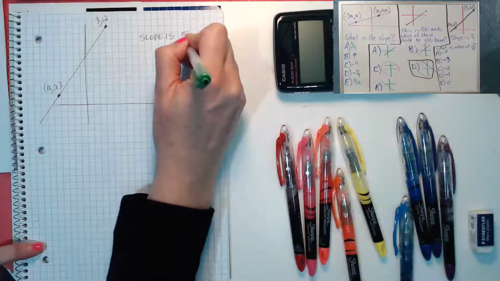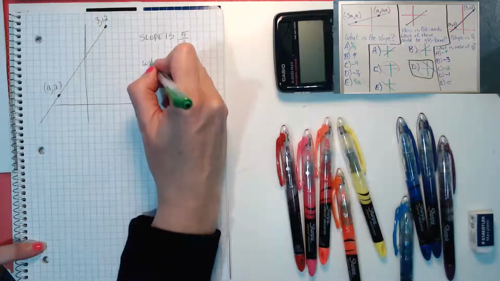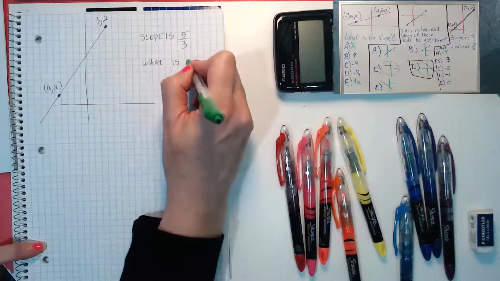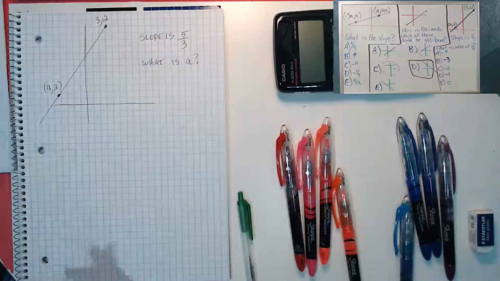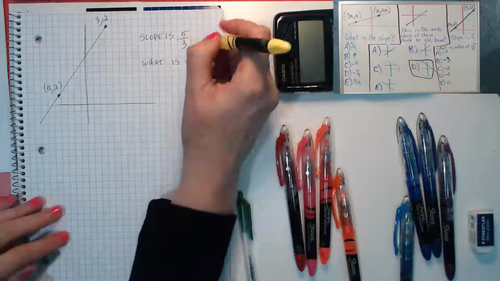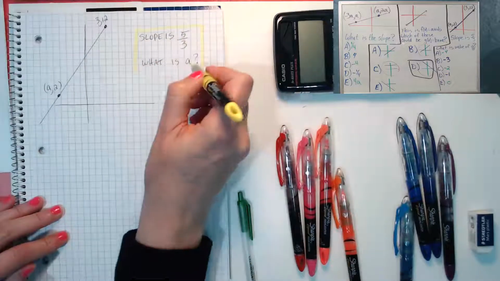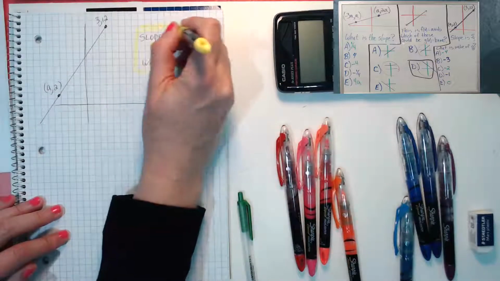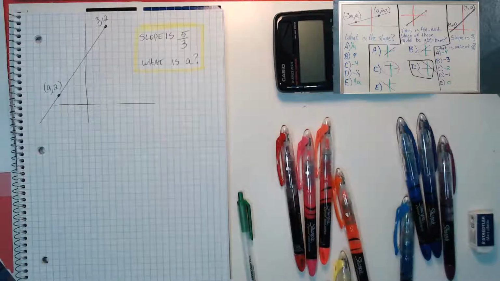Slope is 5/3. What is A? So here's our problem. And let me find that.